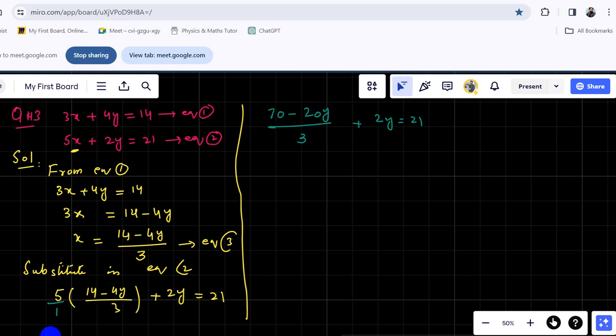Now, you cannot multiply 21 with 3 in this step. To multiply this, there should be a 3 in the whole fraction. Like there should be a single fraction here. Then you can multiply.